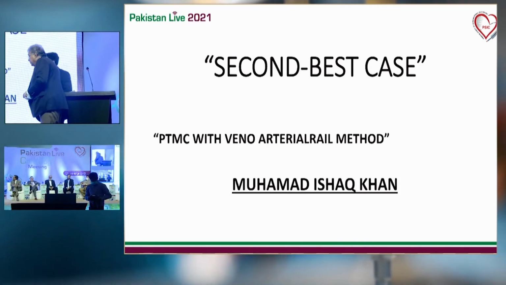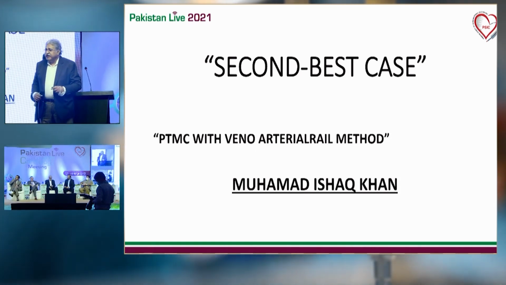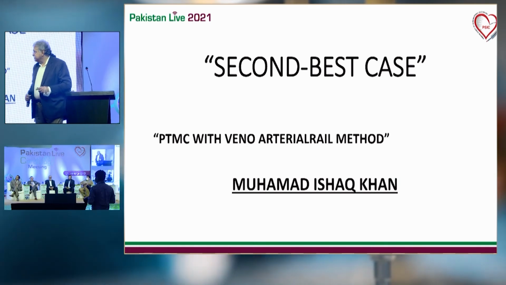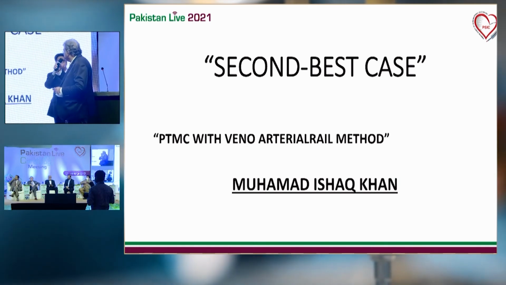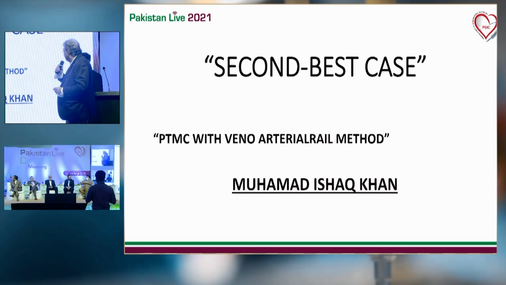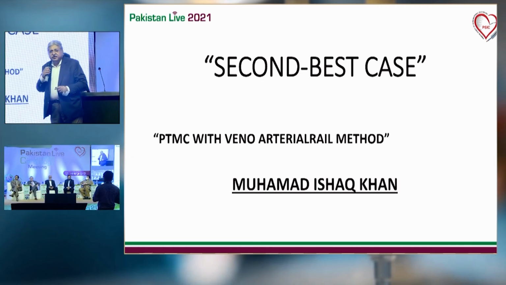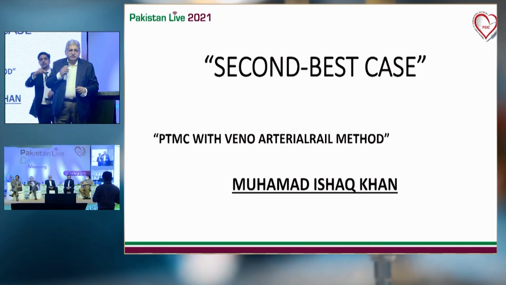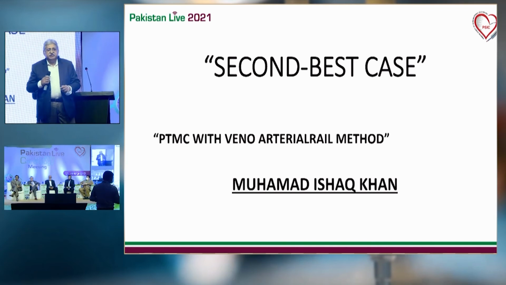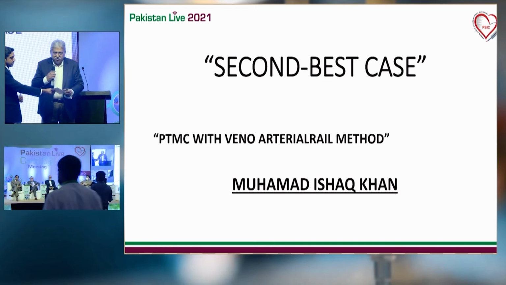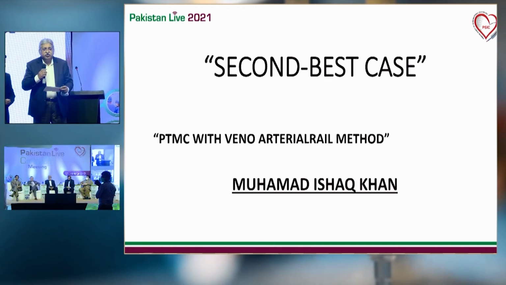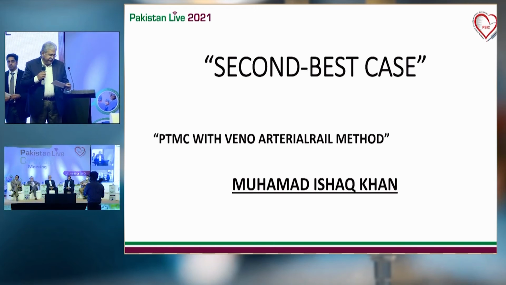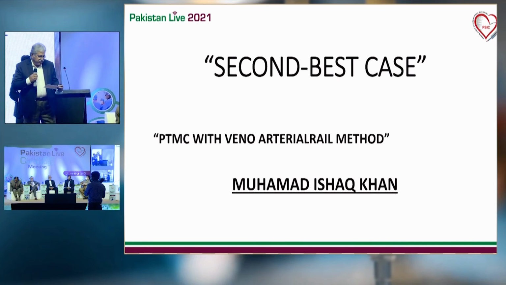The next prize, for the second best case, is PTMC with veno arterial method by Muhammad Isa Khan. He is not here, so his prize will be received by Shahzeb. The prize is of 75,000 Pak rupees. I would now like to request Bashir Hanif Sahab to give his prize to.